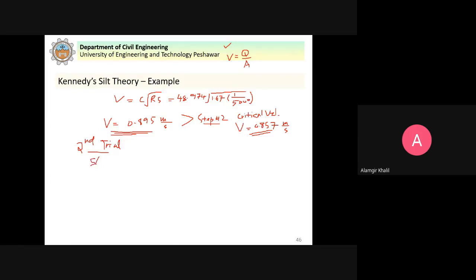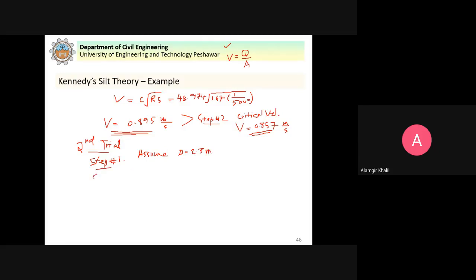So now we go for step number 1. I will very quickly go through it now. In step number 1, we now assume the D value, now the D value is equal to 2.3 meter.